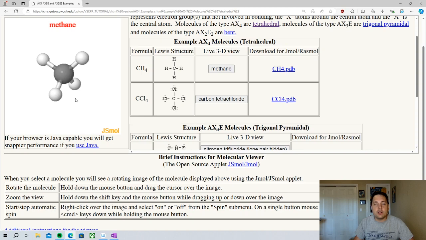And one thing that we know is that it doesn't have the same geometry that is drawn in a Lewis structure. So in a Lewis structure, we would draw all these hydrogens as 90 degrees away from each other. But clearly from this image, we can see that it's not 90 degrees, it's more than 90 degrees.